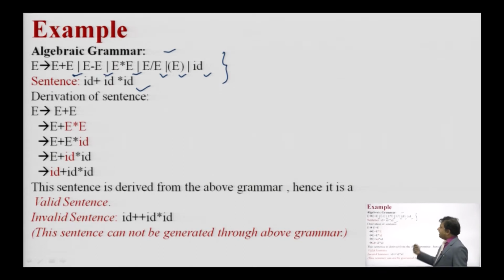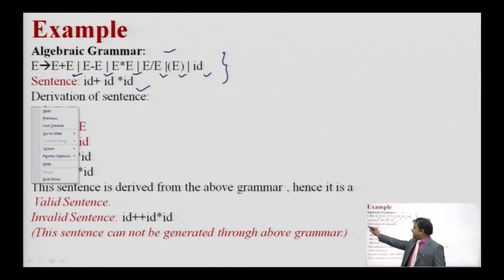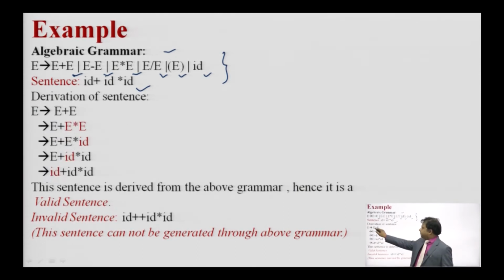So, how can we derive the sentence with the help of the grammar? We always start with the starting symbol E, that is, E derives E plus E. In the next step we replace the capital E with the next production rule, that is, E derives E into E. In the next production we use E derives ID as a production and replace this E with ID.